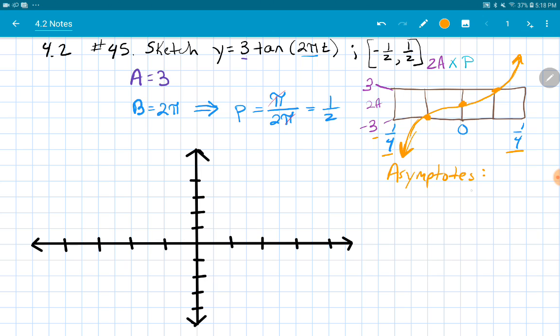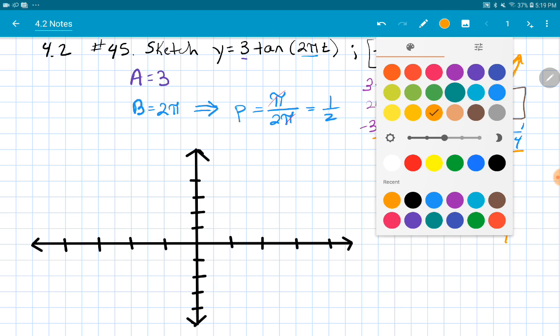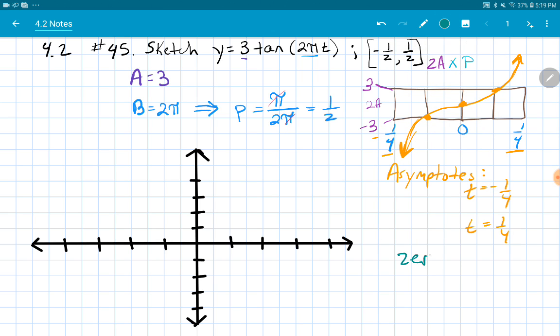So that's t equals -1/4 and t equals +1/4. And our zeros, that's where it crosses the y-axis. So that's there at the middle of 2a, at the origin.